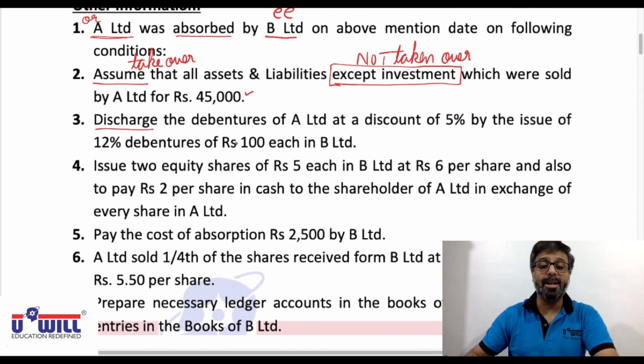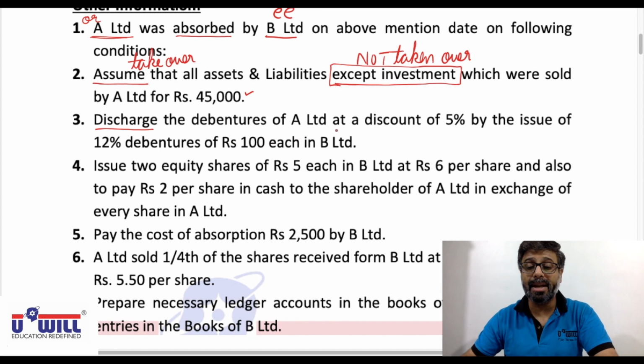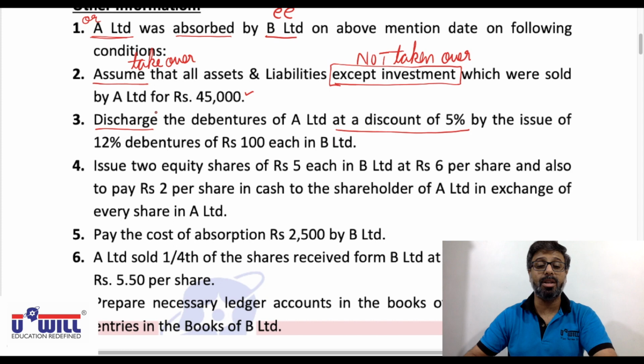Discharge, underline discharge, the debentures of A Limited, underline, at a discount of 5%. See, I told you in the last question, wherever discharge is given, you will get the agreed value from that. Wherever the language of discharge is given, you will get the agreed value from that. By the issue of 12% debentures of 100 each in B Limited, means they are 100 each, means they are issued at par.